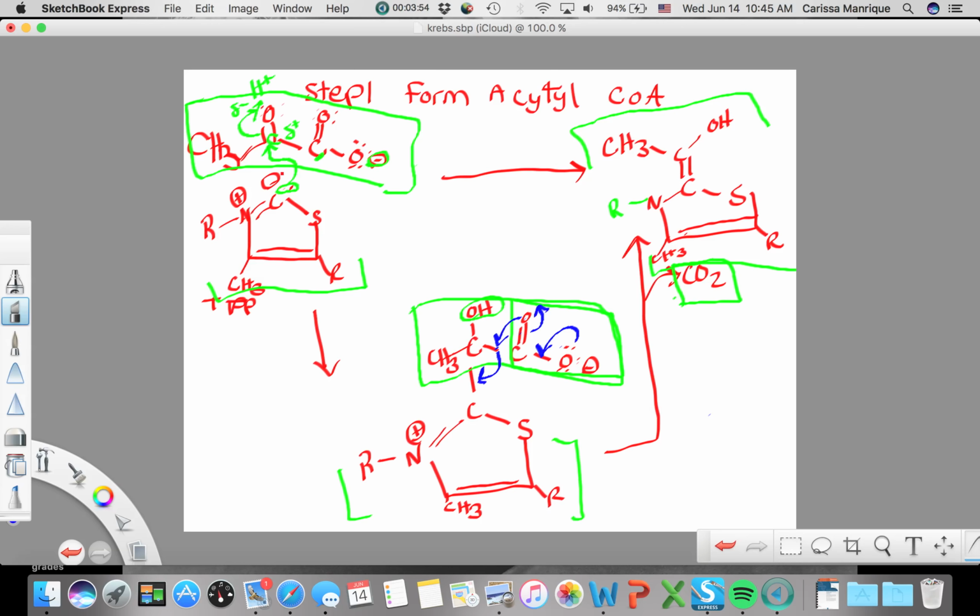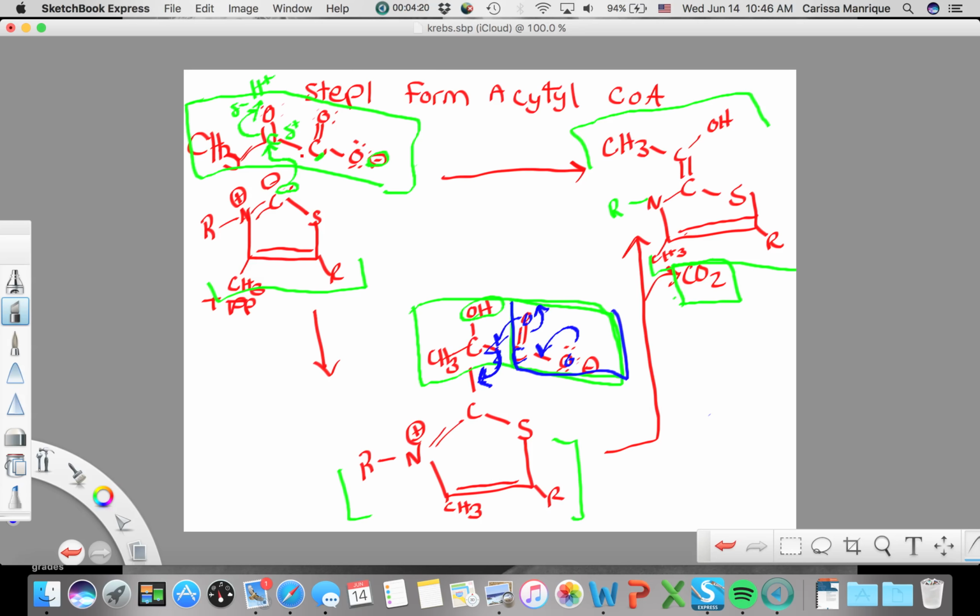So long story short, you have a flow of electrons here, and you can follow that if you want, but basically what happens is this bond breaks here, and this causes electrons to move right here. So when that happens, do you see there's a COO, which is CO2. CO2 leaves from here.